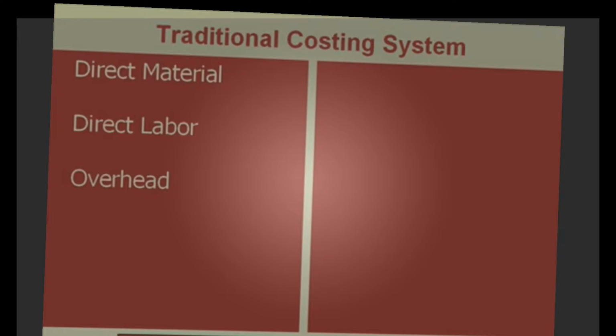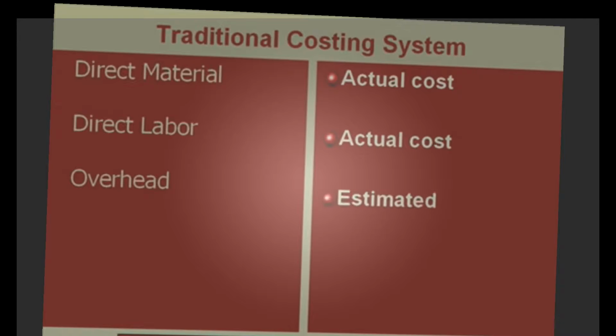That's the actual material used in the job. For direct labor, they use actual cost. That is what was actually paid to the workers. Overhead is estimated.